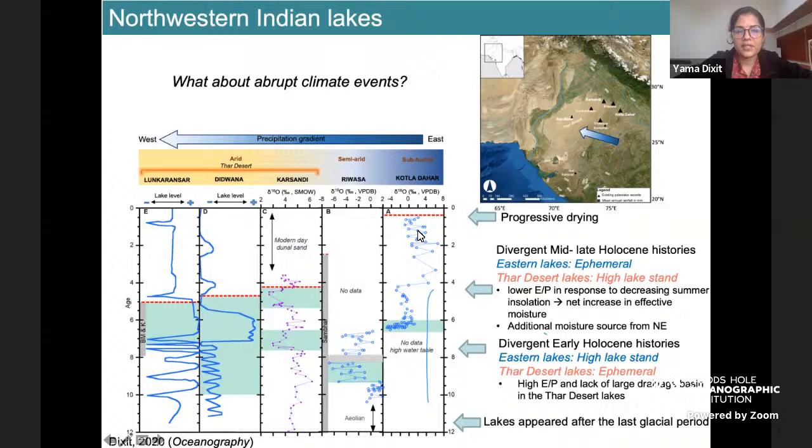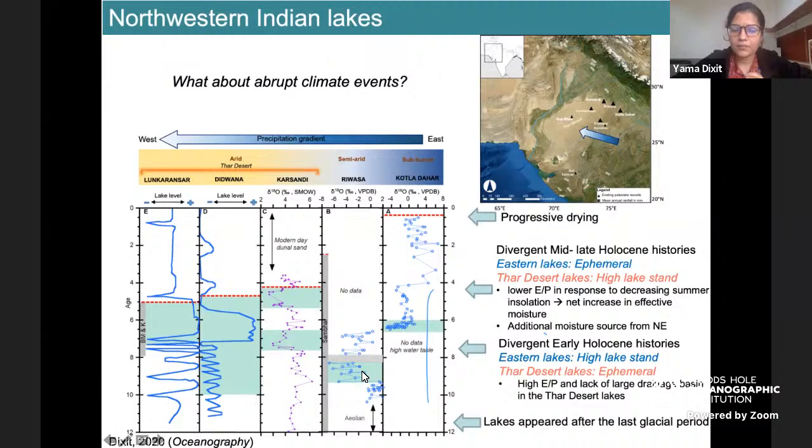So now, what about the abrupt climate events? It looks like the 8.2 event was recorded in Riwasa only, while these lakes did not record the 8.2 event. These three lakes in the Thar Desert do not record 8.2. And the reason is that for recording 8.2, you need sensitivity.